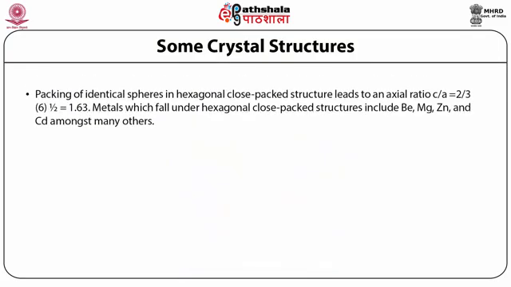Packing of identical spheres in hexagonal close-packed structure leads to an axial ratio c by a equal to 2 by 3 into 6 raised to 1 by 2, which comes out to be equal to 1.63. Metals which fall under hexagonal close-packed structures include Be, Mg, Zn, and Cd, amongst many others.